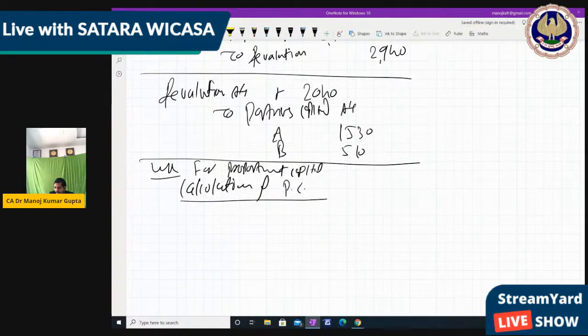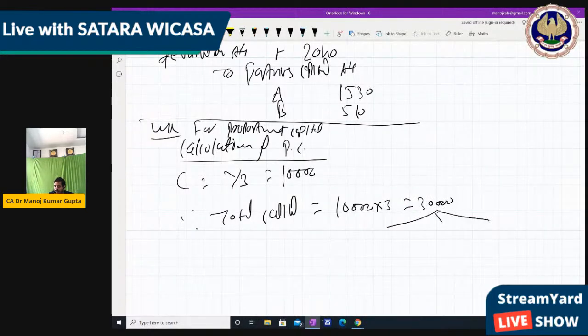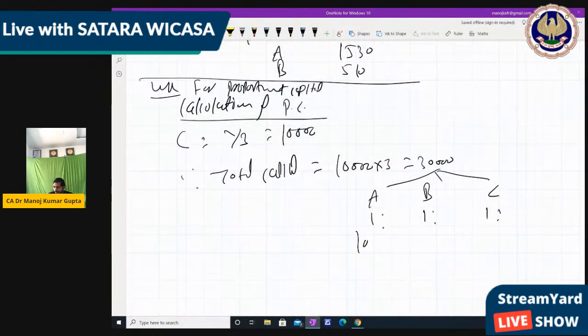They had said that C's share is 1/3. For that he brings 10,000, right? Therefore total capital should be 10,000 into 3. That can be distributed among A, B, C in their new PSR, that is 1:1:1 only.